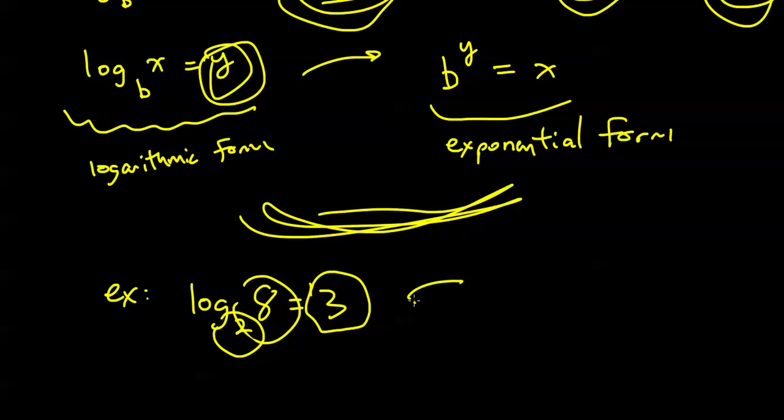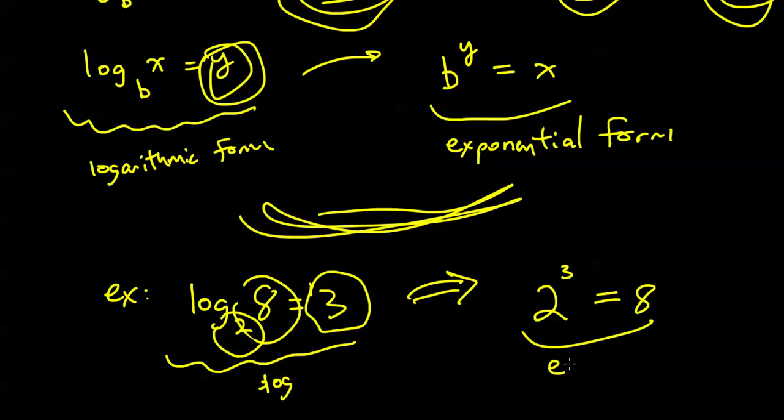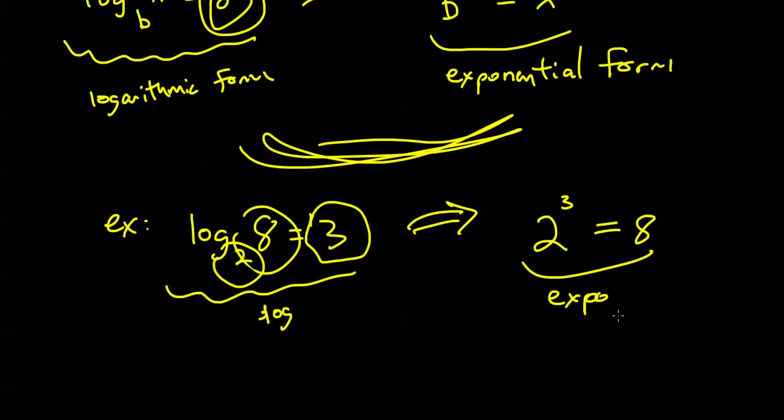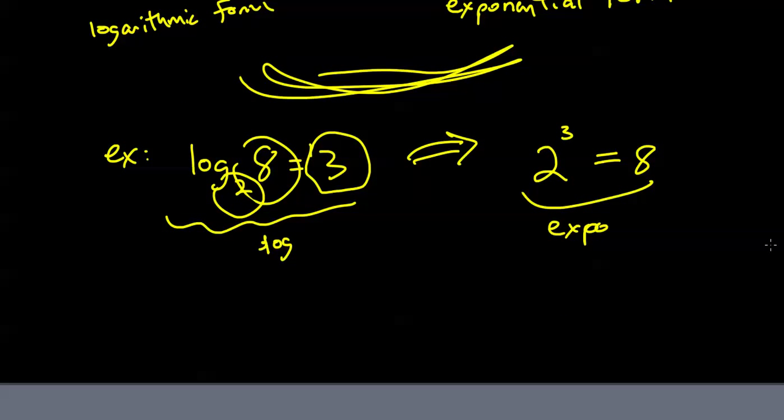If I write that in exponential form, that says 3 is the exponent we put on 2 to get 8, and of course, 2 cubed equals 8. Again, this equation is in log form, and this equation, same equation really, is in exponential form. Okay? Let me get a fresh screen here.